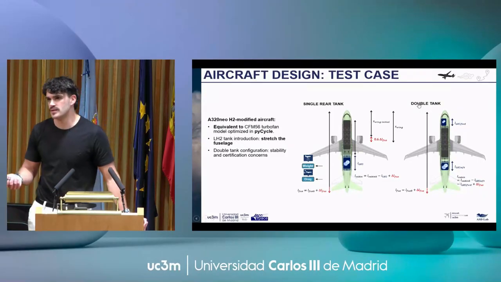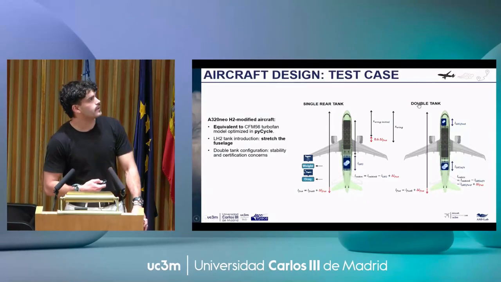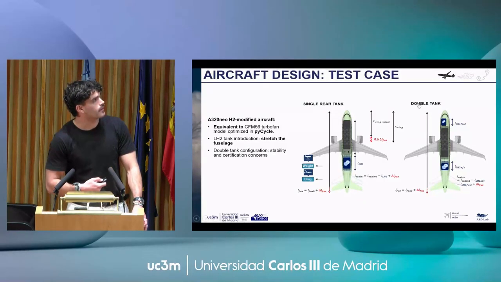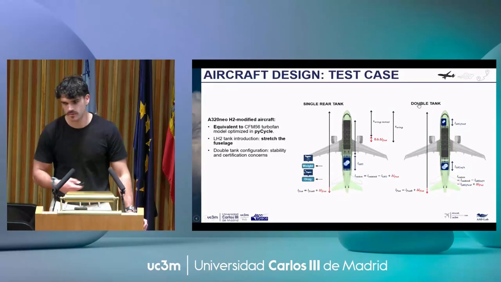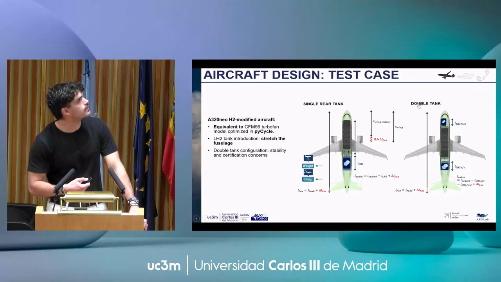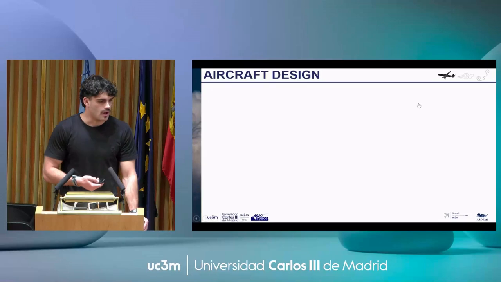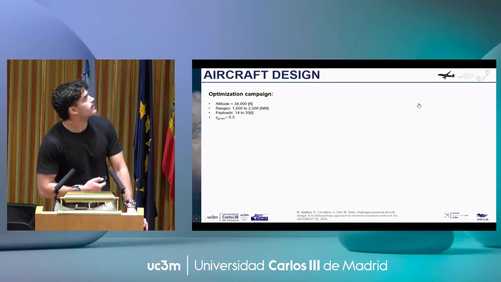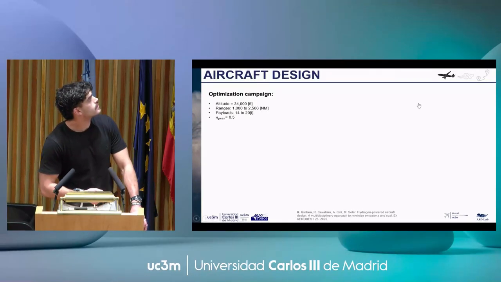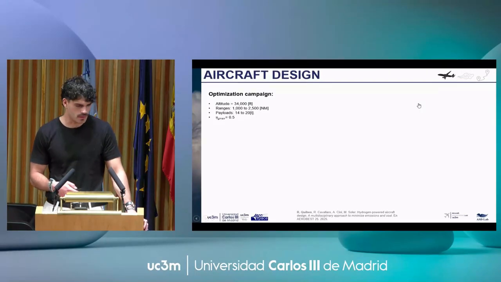The key here is to allow the stretching of the fuselage to accommodate the big cryogenic tank on the fuselage itself, without imposing a huge penalty on the space for the cabin, meaning the payload, nor restrictions on the weight and space for the payload. I performed here an optimization campaign over all these different ranges and payloads, comparing the conventional aircraft to the hydrogen retrofitted aircraft.